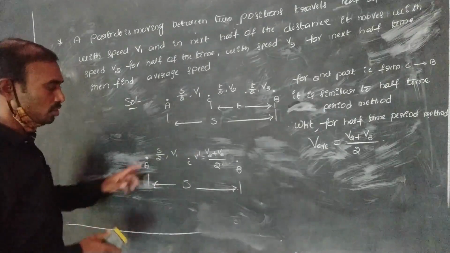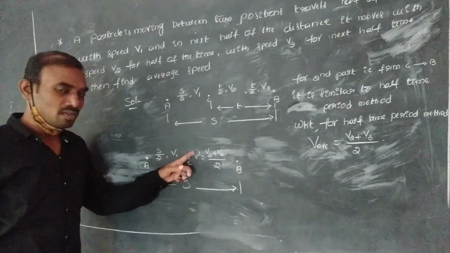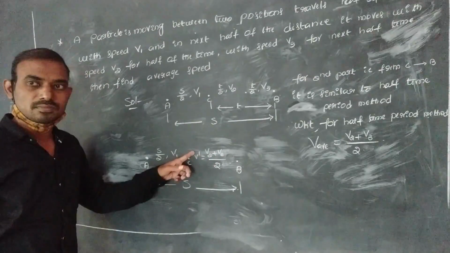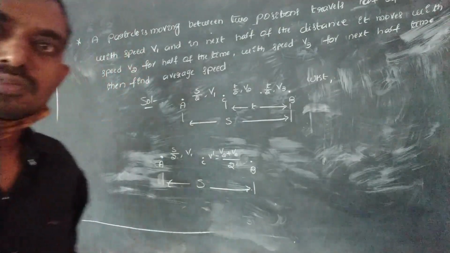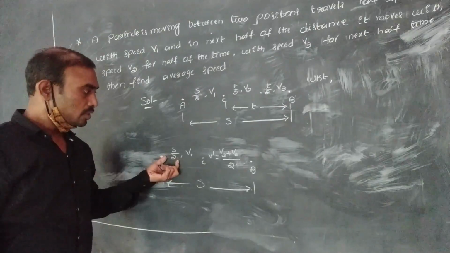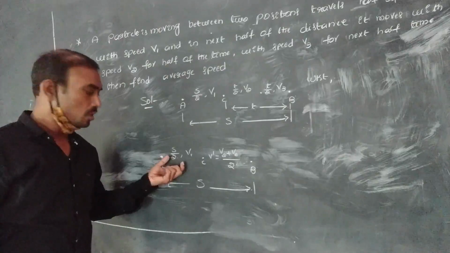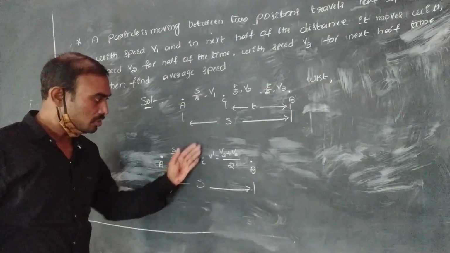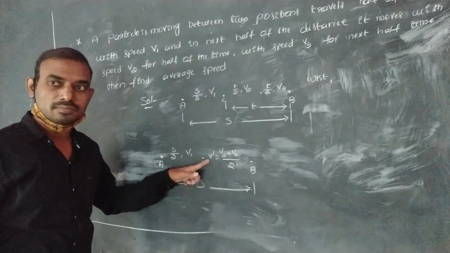So this is similar to the half distance method: half of the distance with speed V1 and next half of the distance with the speed V dash.